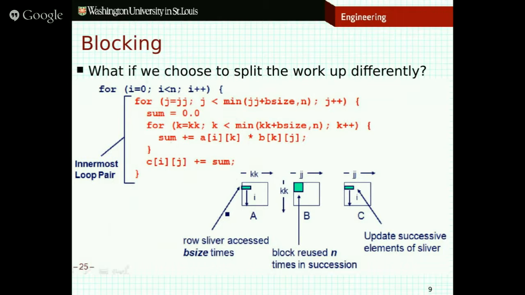Yeah, I guess, is this strategy applicable to graph algorithms? So for graph algorithms, it depends on how you're storing your graph, essentially. A lot of this is based on the idea that the array is being stored in row major order.